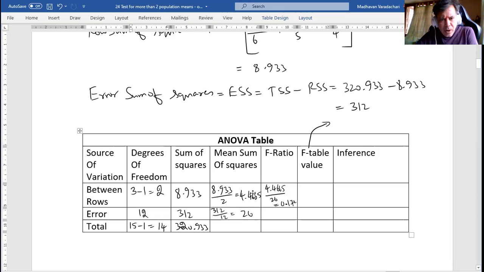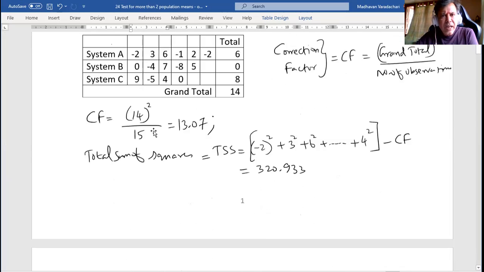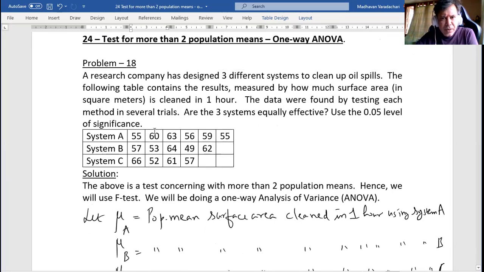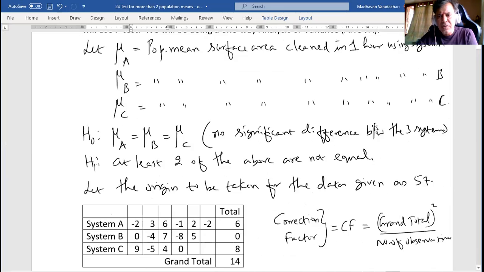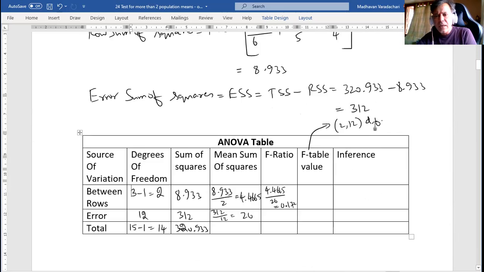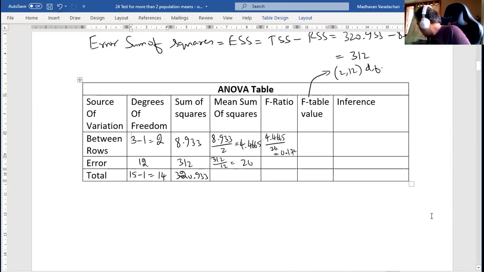Now, table value we are supposed to identify for the numerator degrees of freedom. Numerator is 4.4665. The corresponding degrees of freedom is 2. And then denominator is error's mean sum of square. Corresponding degrees of freedom is 12. So 2, 12 degrees of freedom. We need to check for the corresponding level of significance. Level of significance is given in the question as 5% or 0.05. Let's check that value on the F tables.